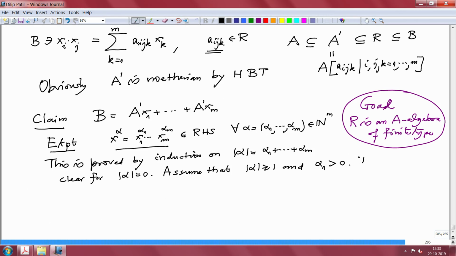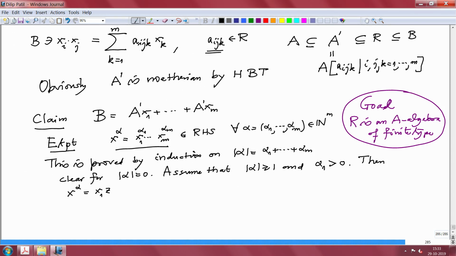And then what is x power alpha? x power alpha will be x1 times z, and now z is a monomial in small x, and the degree has dropped by alpha 1, which is positive, so at least by 1. So therefore this z is again an A prime linear combination of this x1 to xm.